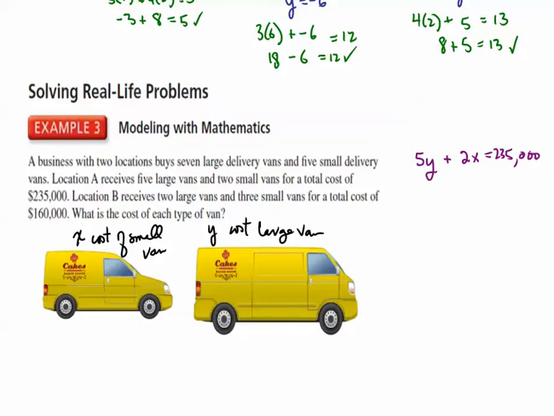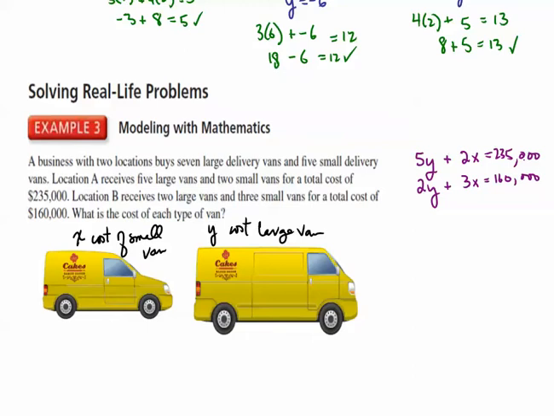Location B buys 2 large vans and 3 small vans for a total of $160,000. Now, we have a system of equations.